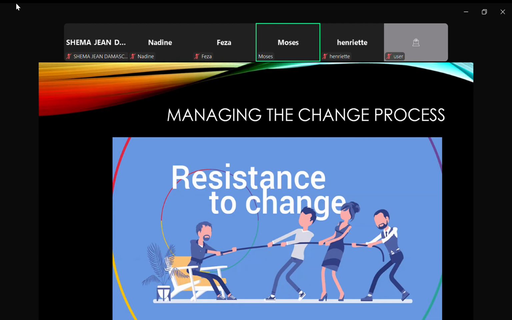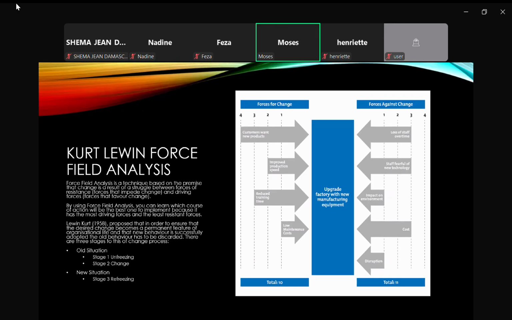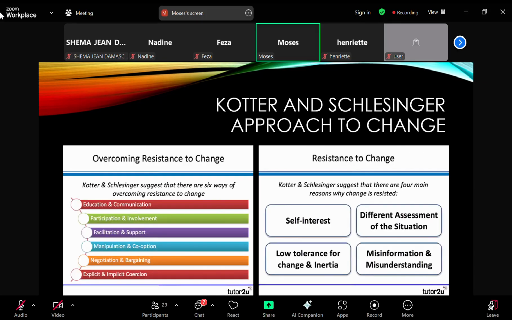Now let's move on to something different. Managing the change process. I'm sure you are probably going to get a question on resistance to change. Why do people resist change? Actually, before this, we should talk about the resistance to change.